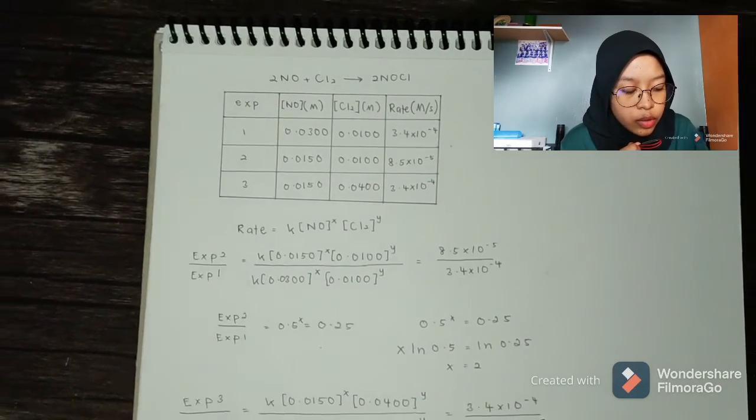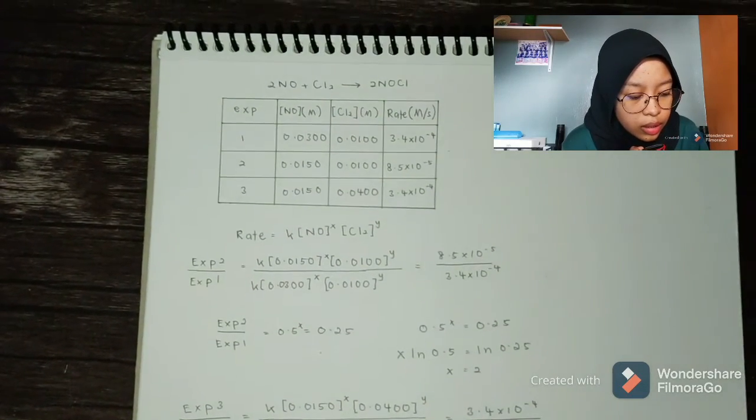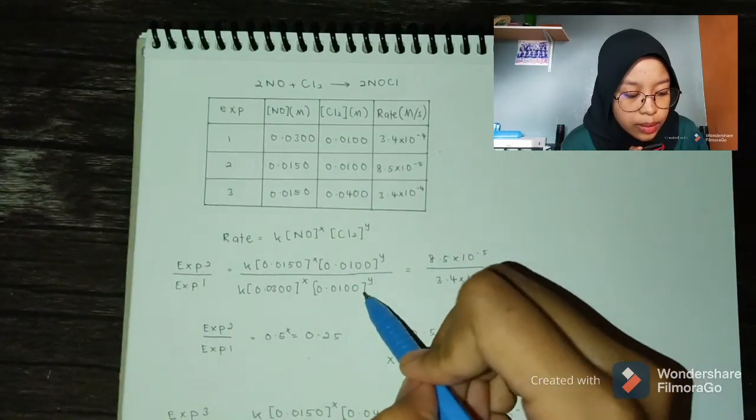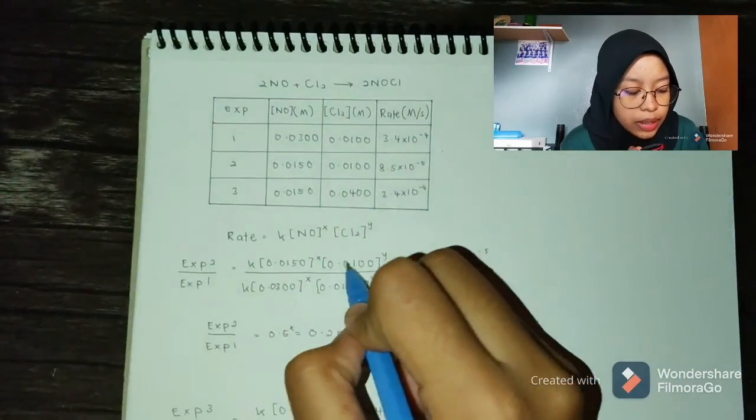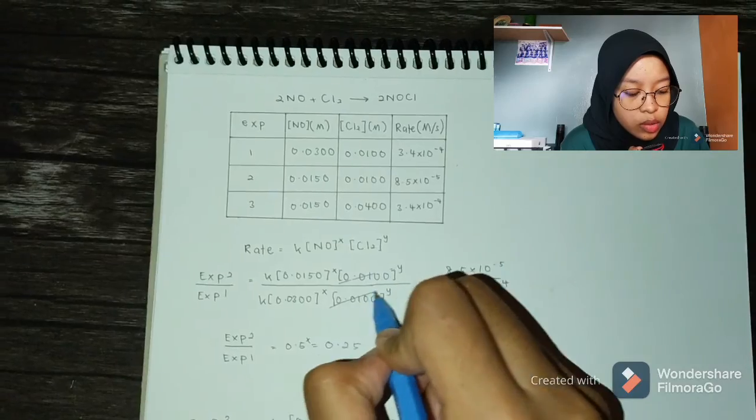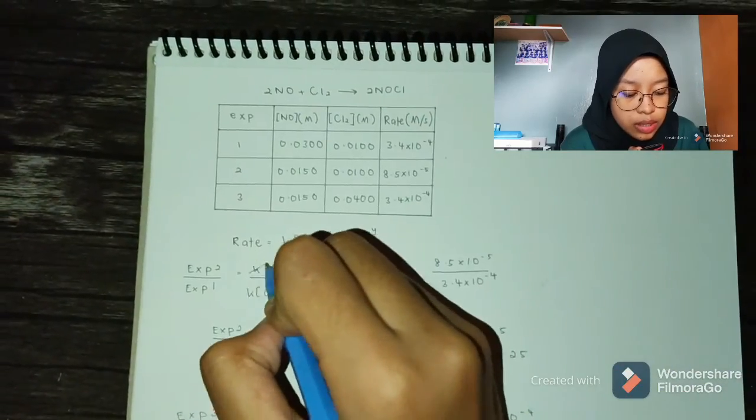If you see, the y term is the same, so we can eliminate them, and we can also eliminate k because it's the same.